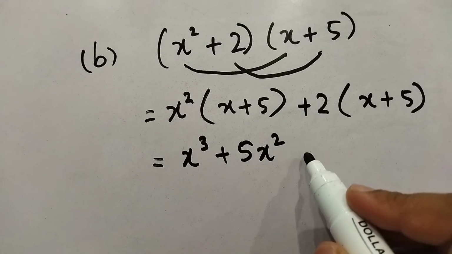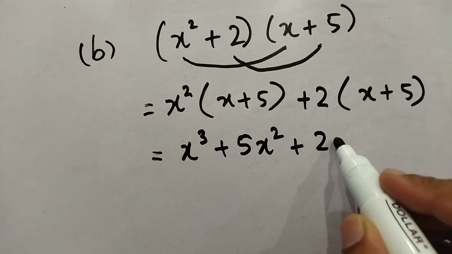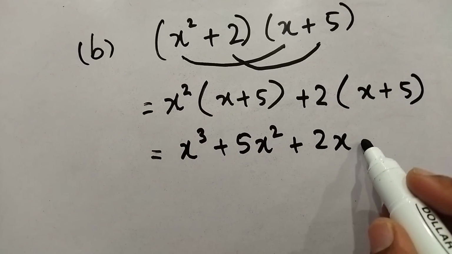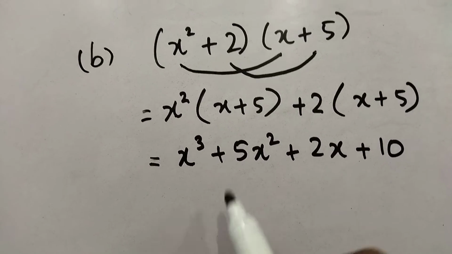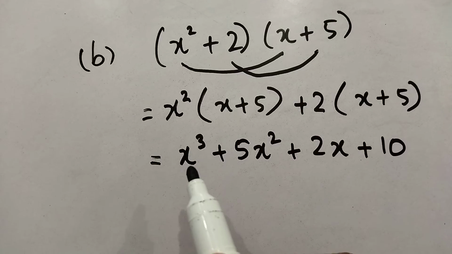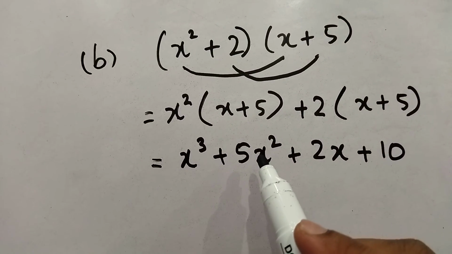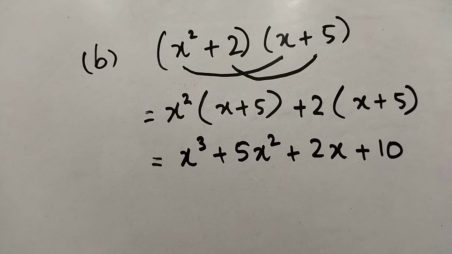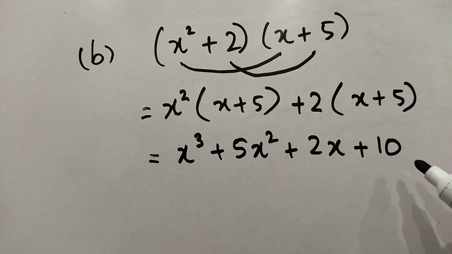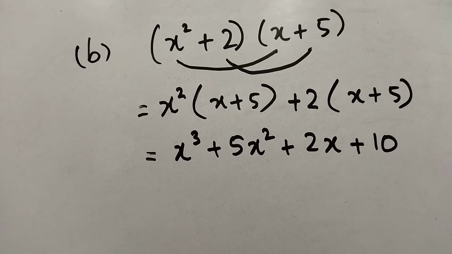Then we have to move towards the other bracket. 2 into x is 2x and 2 into 5 is 10, right? So if you see, students, here we have no like terms left. This is with cube, this x is with square, this x with power 1, and here we do not have any sort of powers. So these are all terms unlike to each other.